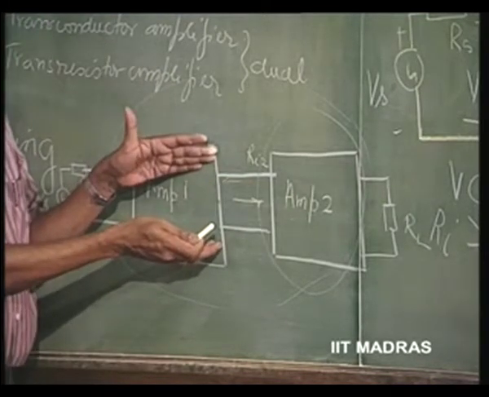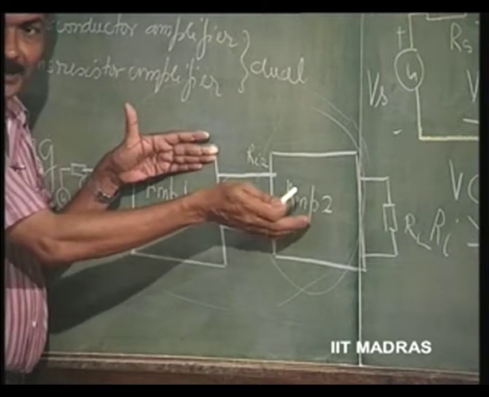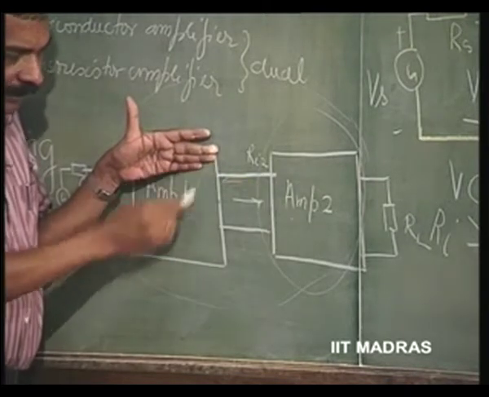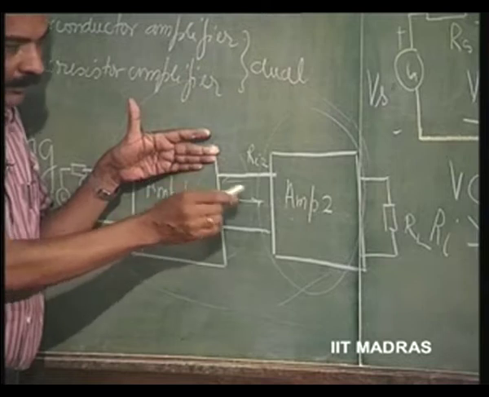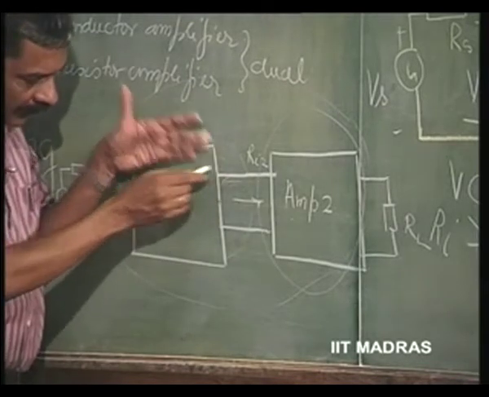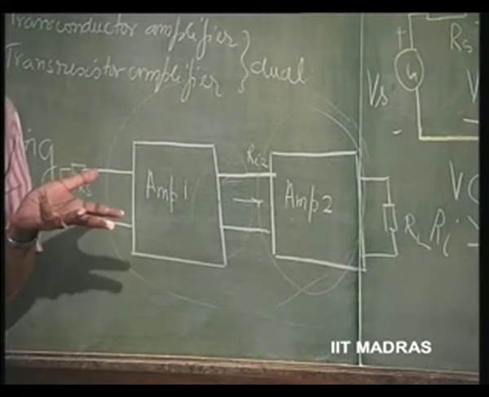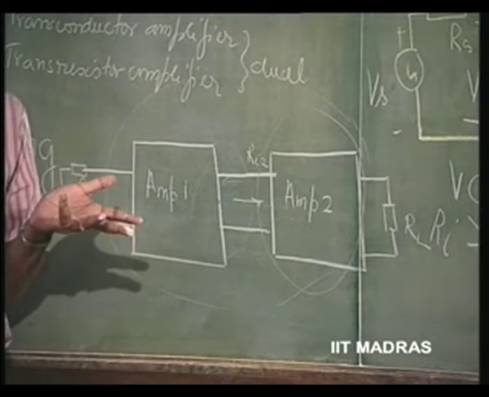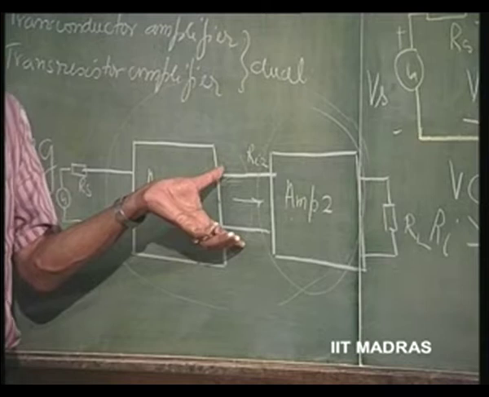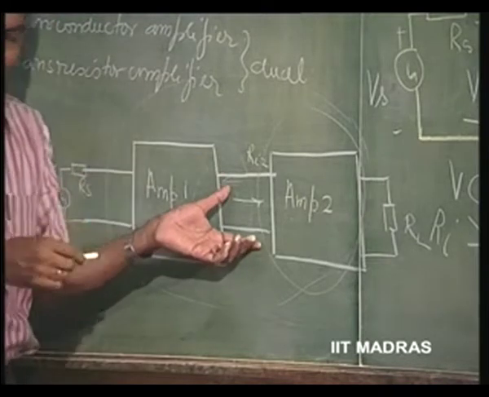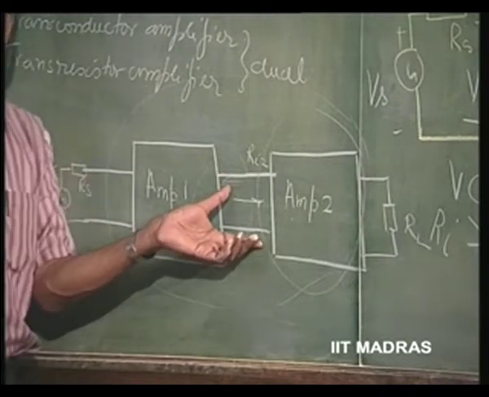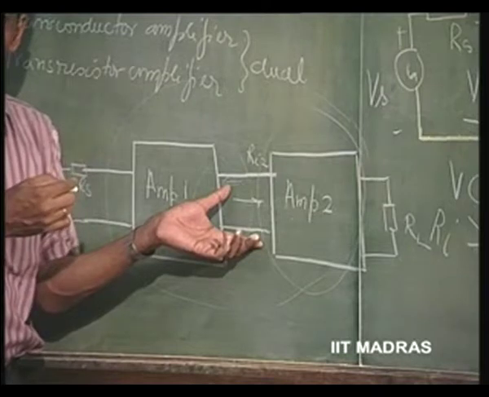As far as this is concerned, this is the feed for the amplifier 2. So, this amplifier 2 can only look at this amplifier 1 as a source. It does not know whether it is an amplifier or a source, it cannot make a distinction.